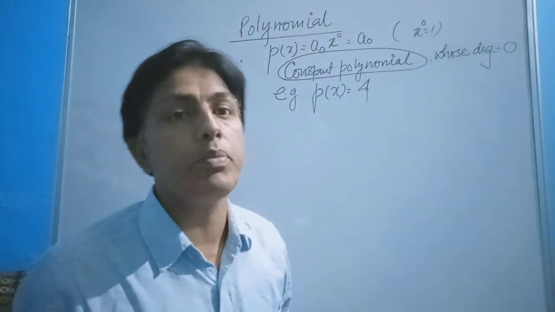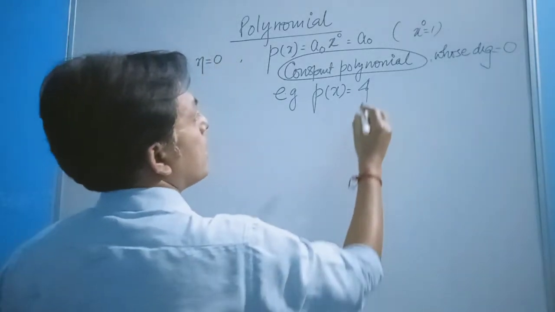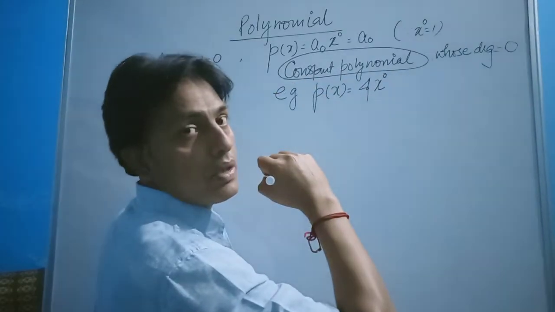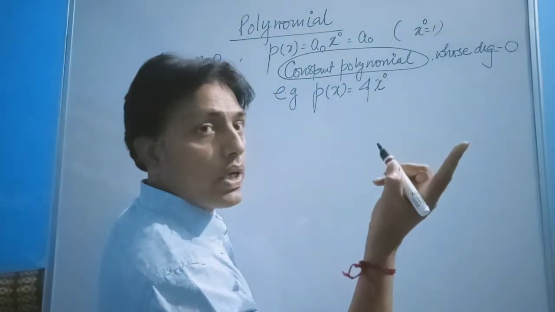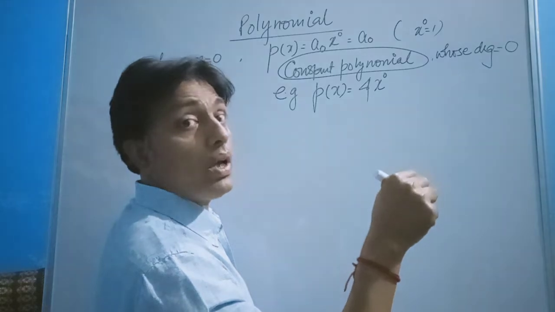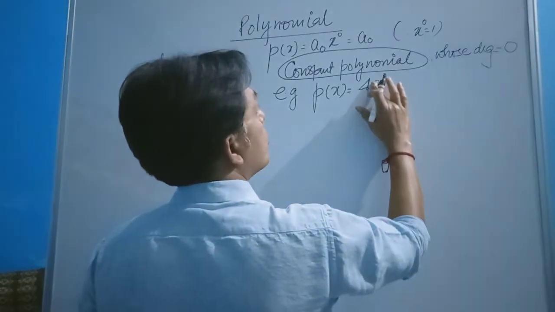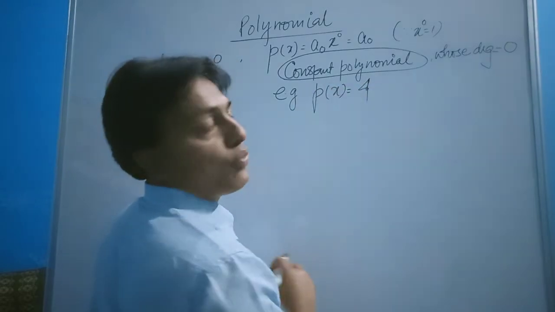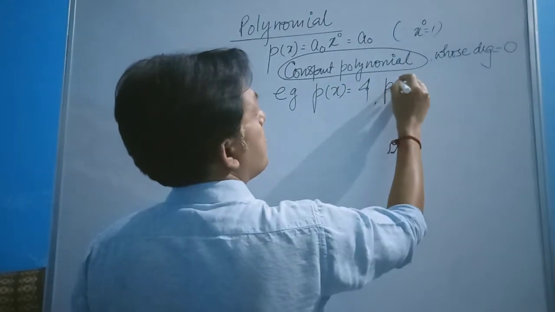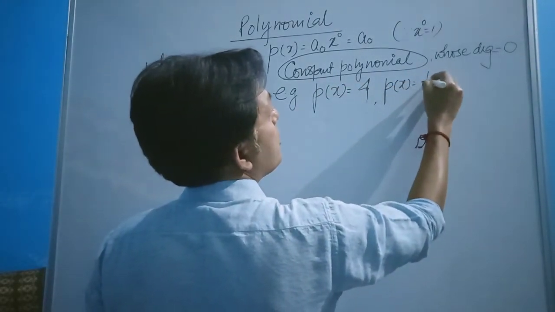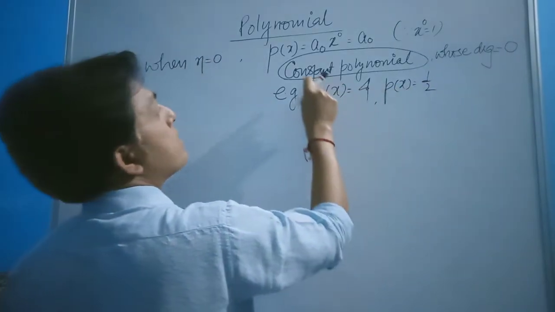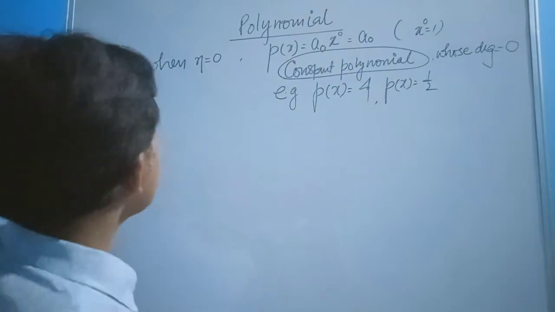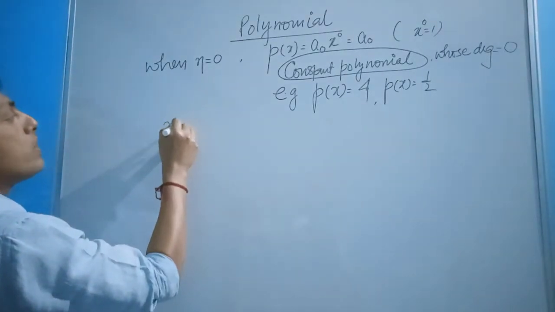This is called constant polynomial because here x is having the power 0. Actually that is equal to 1. So need not write x to the power 0. So polynomials like px is equal to 4, px is equal to 1 by 2, all these polynomials are called constant polynomial.